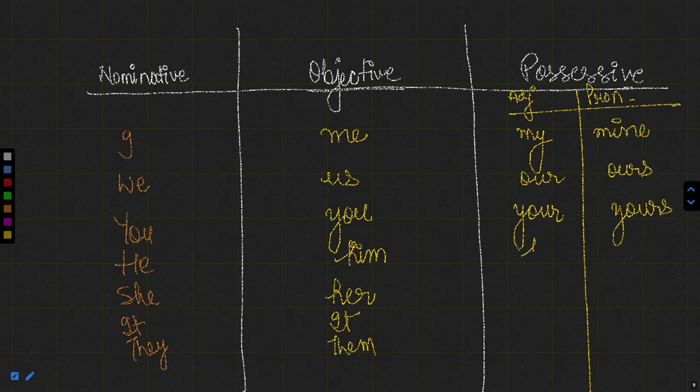He, his, in both the cases. She, her for adjective and hers for the pronoun. It is used only in adjective case, that is its. For they, it is their in adjective and theirs in pronoun. So these are the cases of any pronoun or noun.